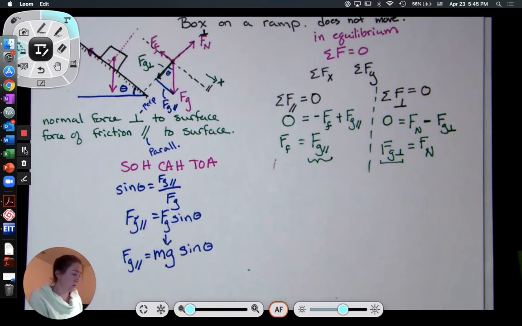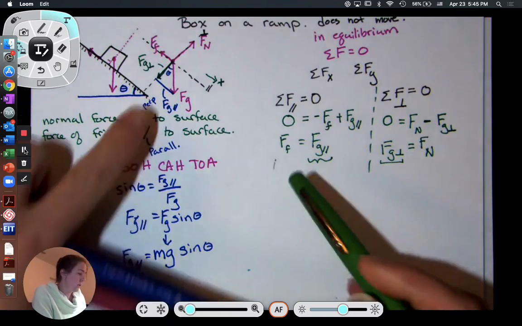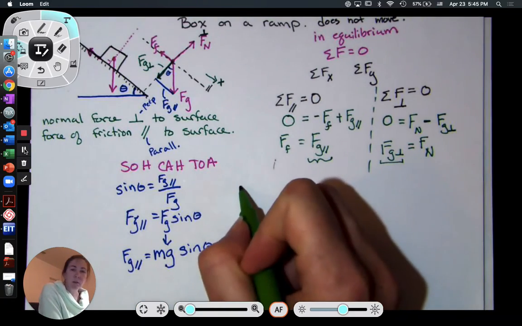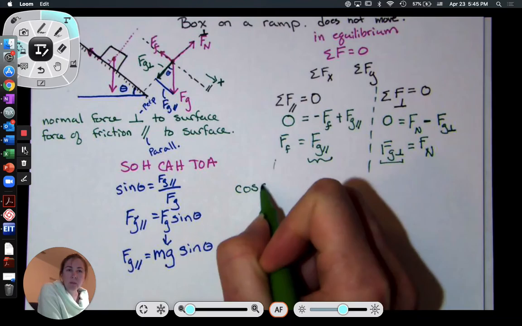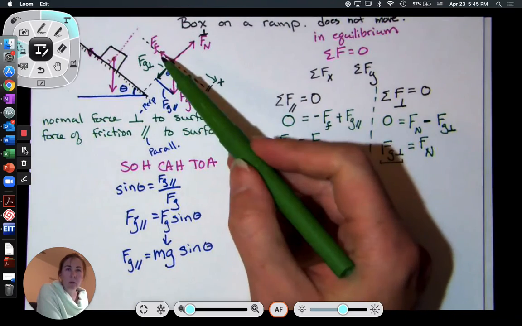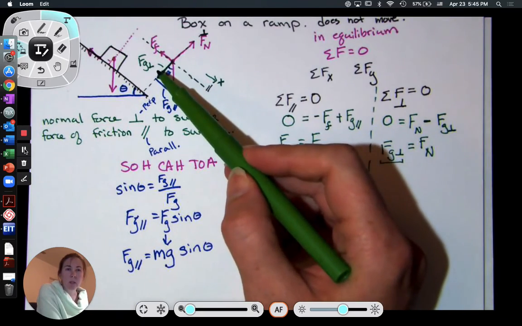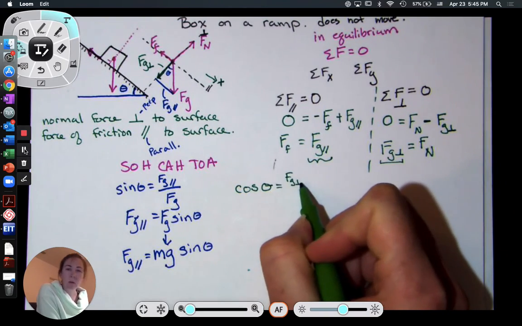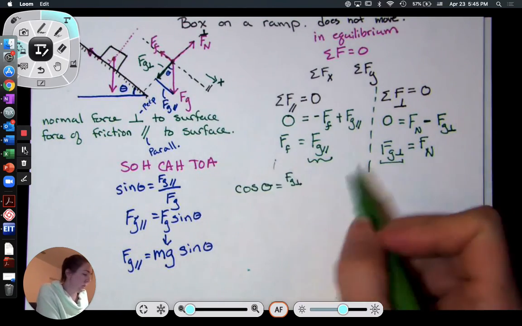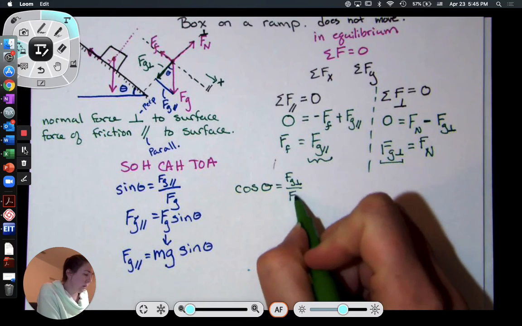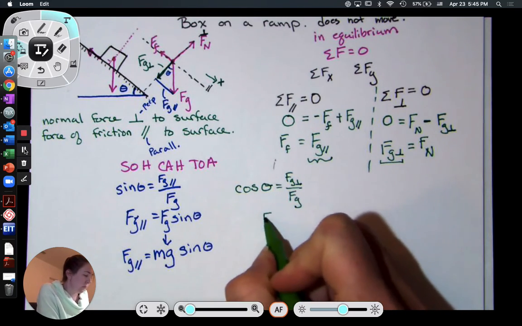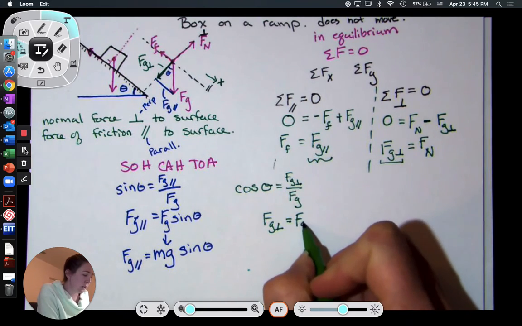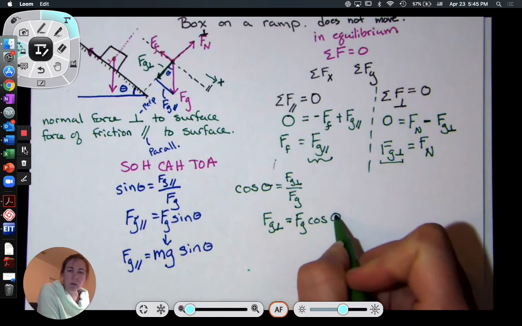But I'm going to walk through that one real quick. So my FG perpendicular here is the adjacent side. So the cosine of theta here, it's right next door. Cosine of theta is the adjacent, FG perpendicular, over the hypotenuse, the force of gravity. So that gives me the force of gravity perpendicular is Fg cosine theta.